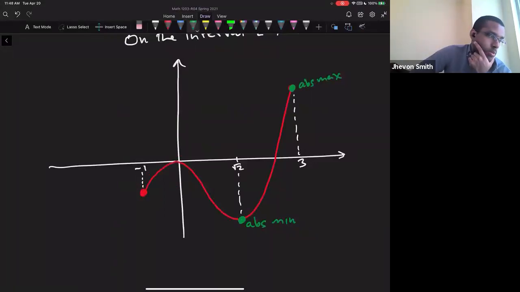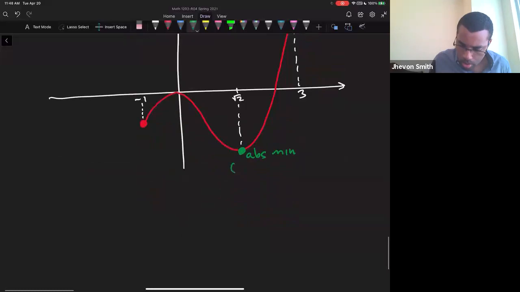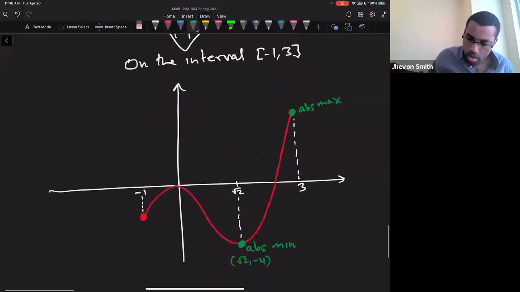Some functions don't have very nice graphs and it would take forever. But to locate these points, you can use derivatives via the closed interval method whenever your function is continuous. This point is rad 2 comma -4, and this point here is 3 comma 45.